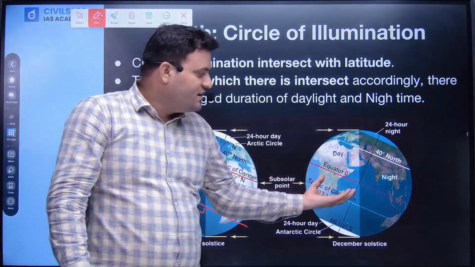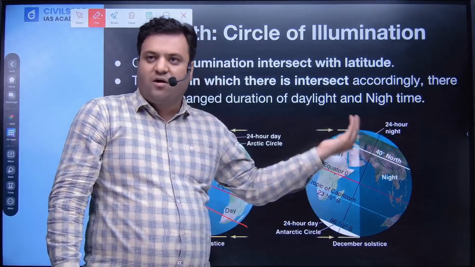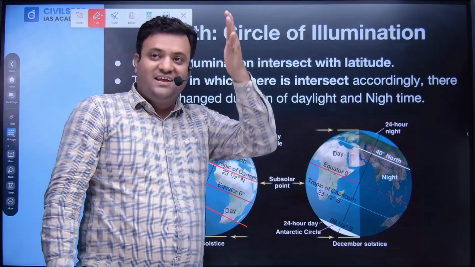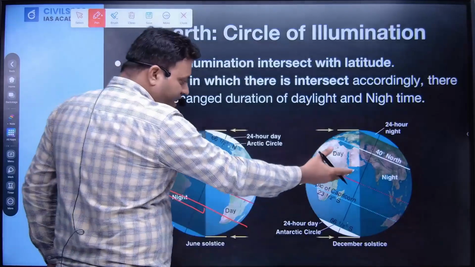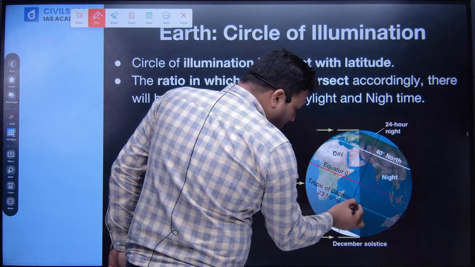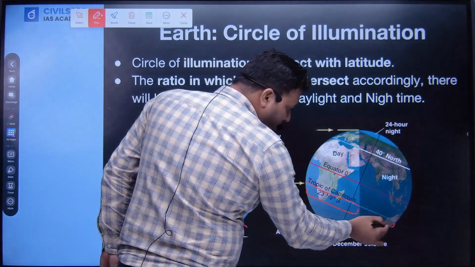Similarly, here you can see the part which is as per their phase, accordingly the duration will be there. The ratio in which the circle of illumination is cutting the latitude. Here again, on the Tropic of Capricorn, the duration of day will be longer and the duration of night will be shorter.